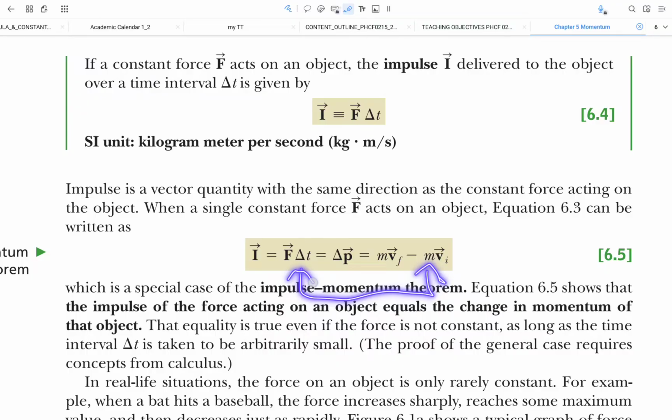Earlier on, momentum has the unit of kilogram meter per second, and that's the reason impulse would have the same unit, kilogram meter per second, or you can choose to write it as force being Newton and time being second. So Newton second is actually equivalent to kilogram meter per second.